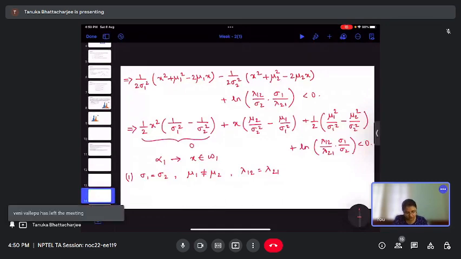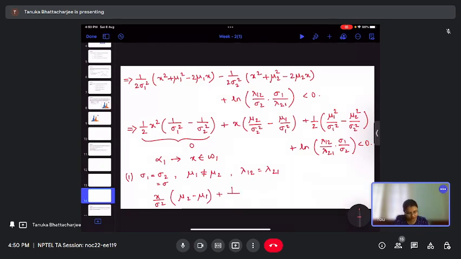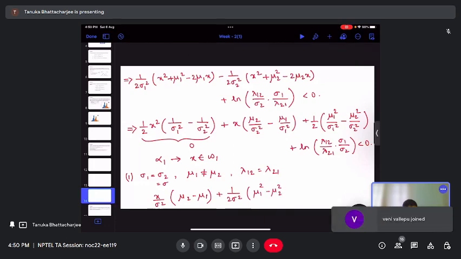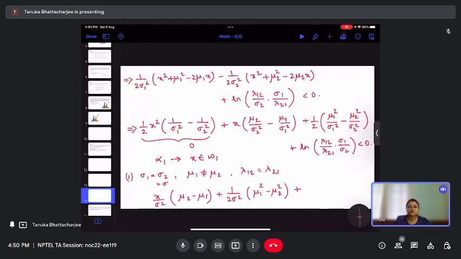The second term will become, let's say sigma 1 equals sigma 2, we take a common term sigma. So the second term will become x by sigma square into mu 2 minus mu 1, plus 1 by 2 sigma square into mu 1 square minus mu 2 square, plus, here sigma 1 and sigma 2 are equal, and lambda 1 2 and lambda 2 1 are equal.